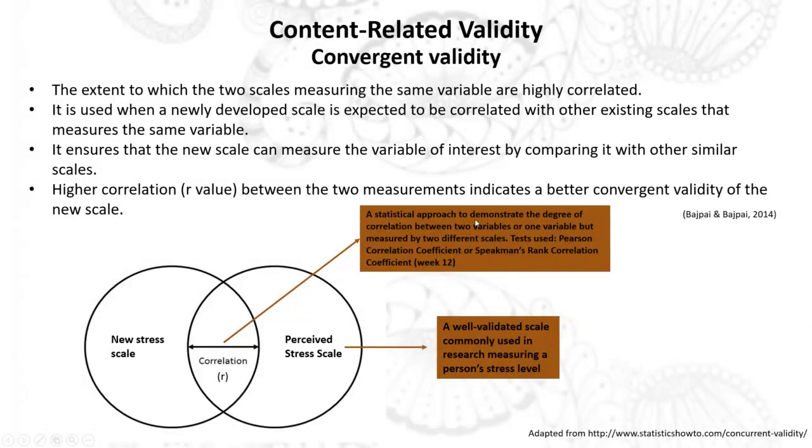From the brown box here, I provide you additional information about the statistical approach, correlations. These are correlation tests, which I will also mention in the lecture about data analysis. We use either the Pearson correlation coefficient or the Spearman rank correlation coefficient to do this analysis.